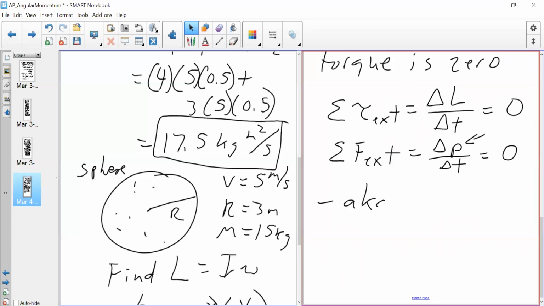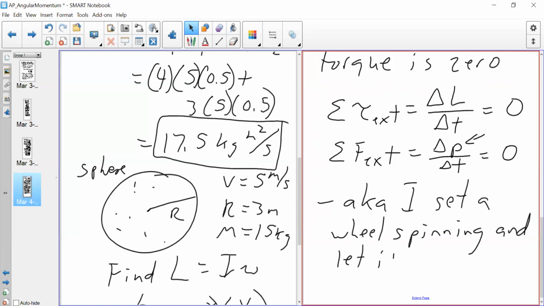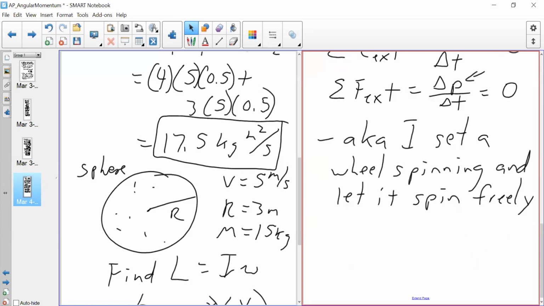So if I set a wheel spinning and let it spin uninterrupted, that's the case of a wheel spinning.